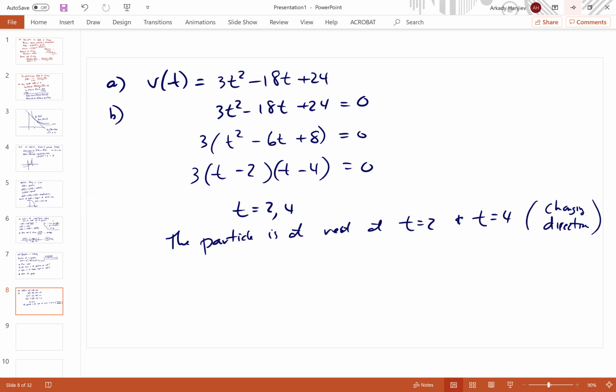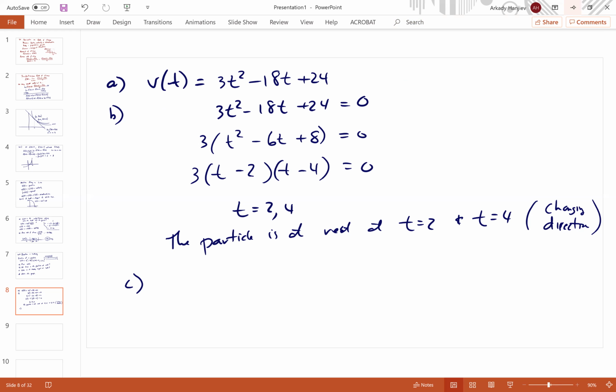Okay, so C, let's jam with that here. The particle is at rest there, so the change of direction happens at time equal to 2 and time equal to 4, in terms of seconds.